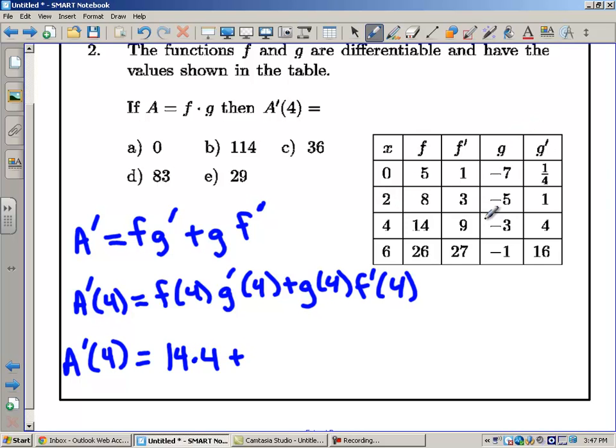G of 4 is negative 3. And f prime of 4 is 9. So that's going to be 14 times 4 is 56, minus 27, so what is that? It's 29.